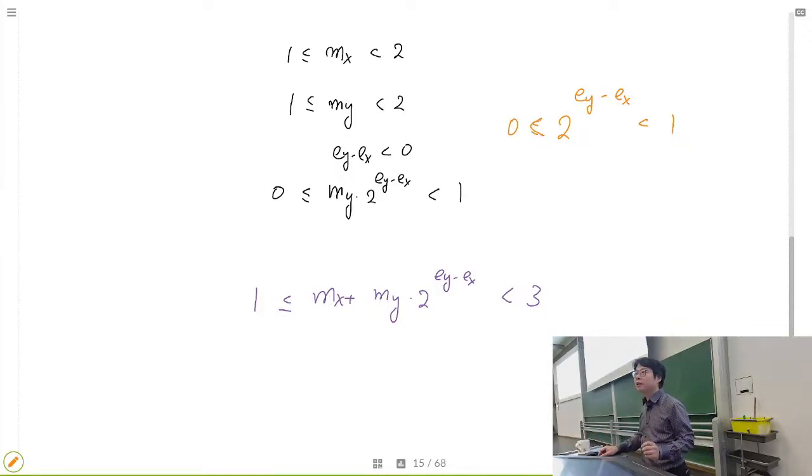Is that clear? By definition, only because of the definition, that Ey minus Ex is negative. So 2 to anything negative is between 0 and 1. It's because epsilon is smaller than x.